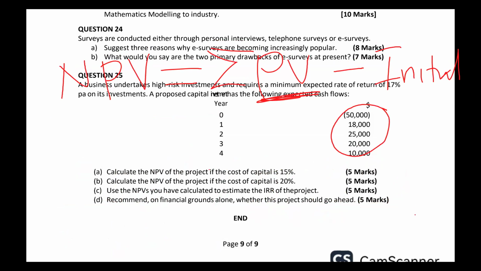If you invested your money right now in year 0, 50,000, then after 1 year, you will receive $18,000. In the second year, you have $25,000. In the third year, you have 20,000 and 10,000 in the fourth year. You get that, right? So now these are just projections, the expected cash flows, what you're expecting to receive from this investment.